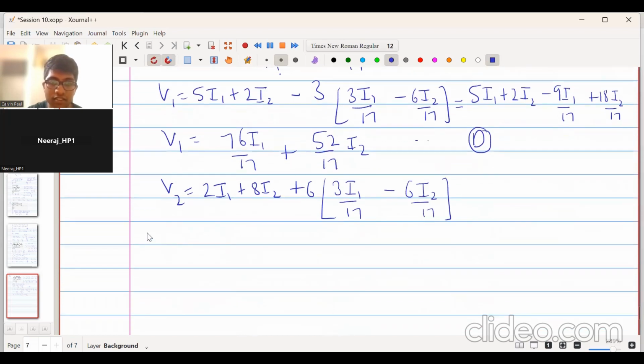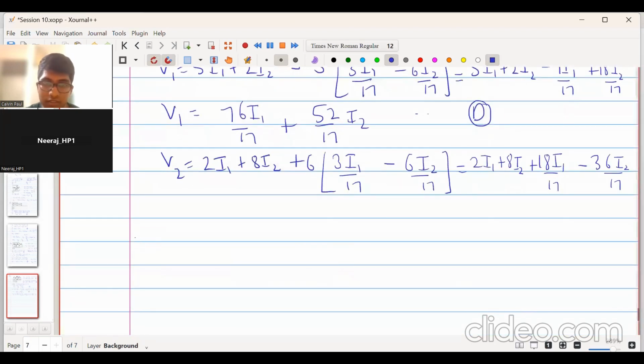So we get it as equal to 2 into I1 plus 8 into I2 plus 18 into I1 upon 17 minus 36 into I2 upon 17. So we get V2 is equal to 2 into 17 is 34 plus 18, that is equal to 52. So it becomes 52 upon 17 I1 plus 8 into 17.